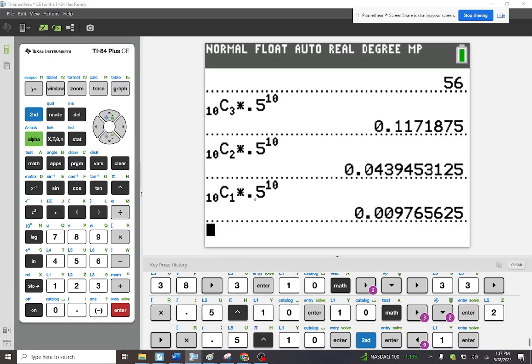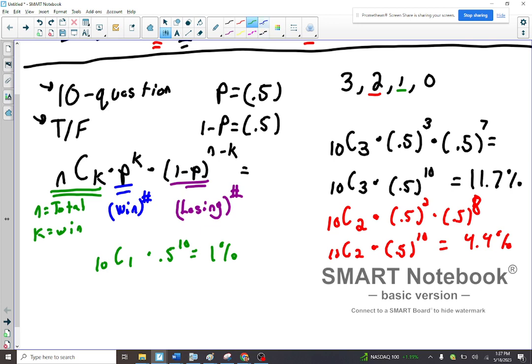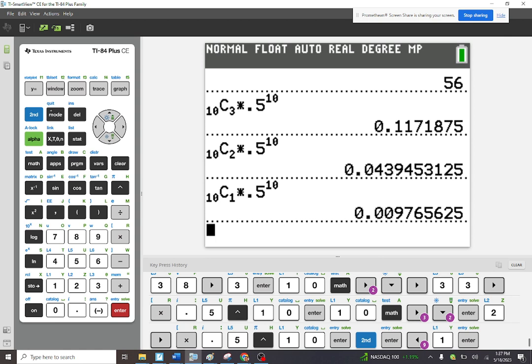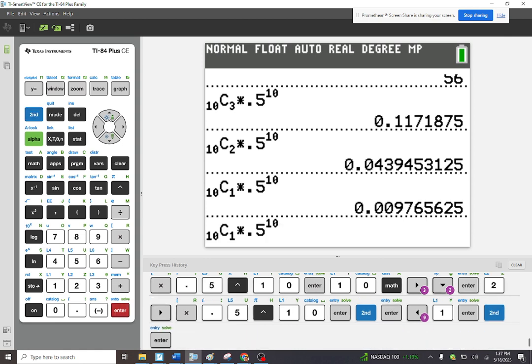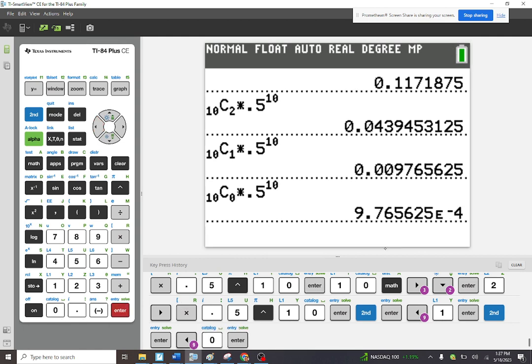And then we also need to figure out the chances of you getting none of them right. So 10 choose 0 times 0.5 to the 10th power. To make my life easier, I click second entry and go right until I hit the 1 and replace it with 0. Probably going to be a very small number.